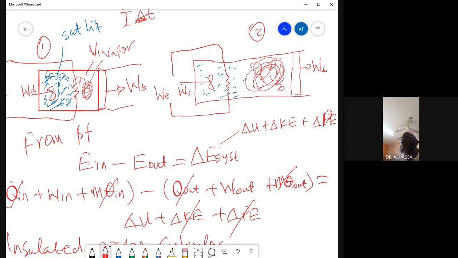Assuming you started with 100% over here, by the time you move to state 2, part of this 100% is converted into vapor, and that percentage is 3/4. 3/4 means 75%. So at the final state, we will have 25% liquid over here, and 75% vapor.